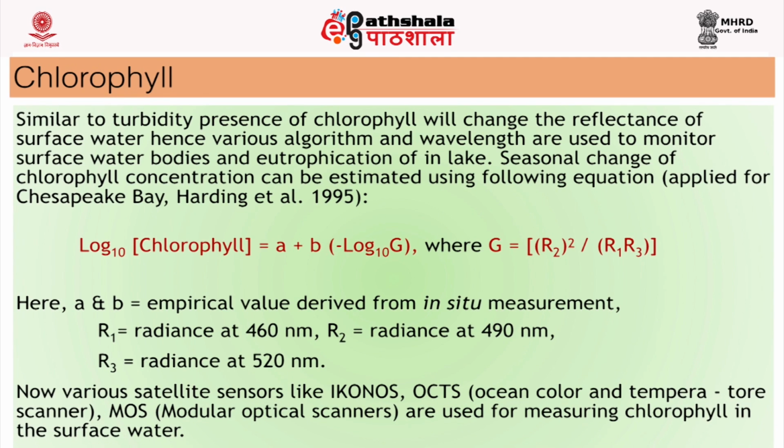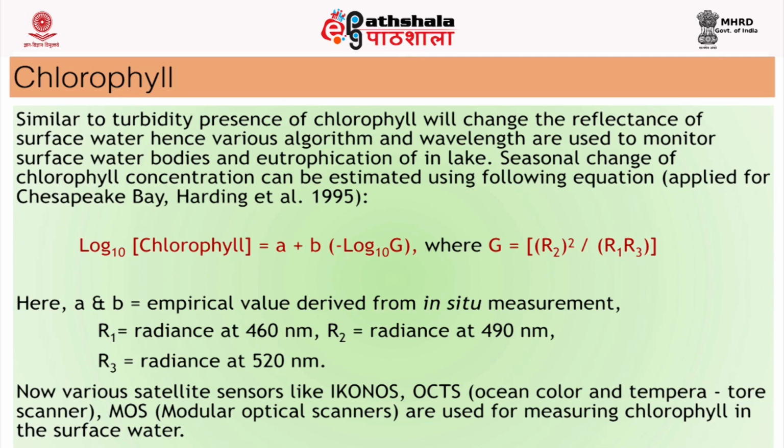Here g is R2 square by R1 into R3. Here a and b are empirical values derived from in situ measurements. R1 to R3 are the radiances at different wavelengths. R1 here is radiance at 460 nanometer, R2 is radiance at 490 nanometer, R3 is radiance at 520 nanometer.